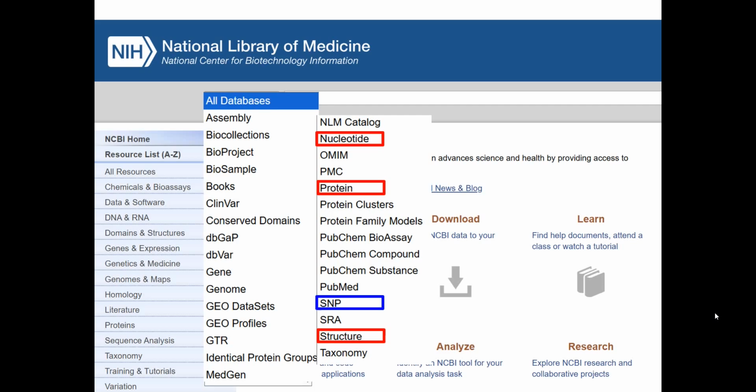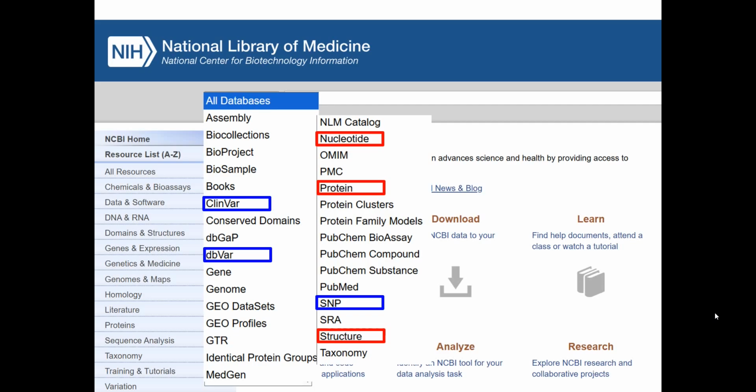structures. We have three databases which contain information about intra-species differences or polymorphisms. We have SNP, we have database of variations, and we also have ClinVar. SNP, as we will see in later classes, indexes small scale polymorphisms, the ones that are 1 to 3 nucleotides or even up to maybe 10, 20 nucleotides.